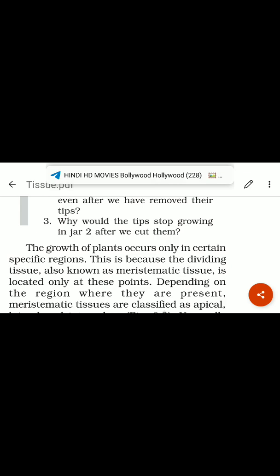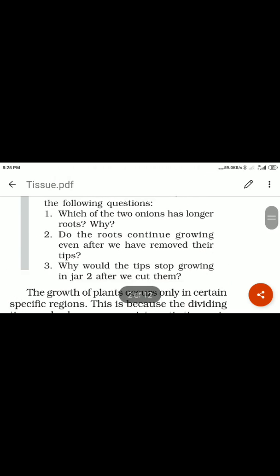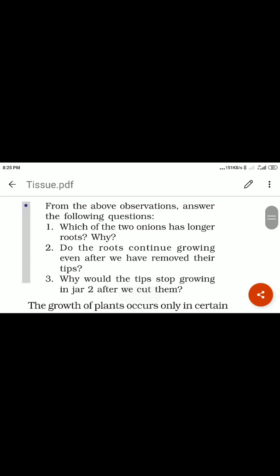After the cutting, the answer to the first question, which of the two onions has longer roots and why, is the first onion, in the first jar. In the second jar, after one day we cut the root, because we first measure the root length on the first day and write it down in the table.